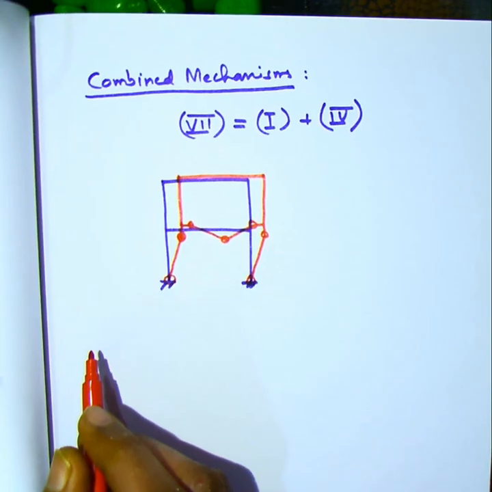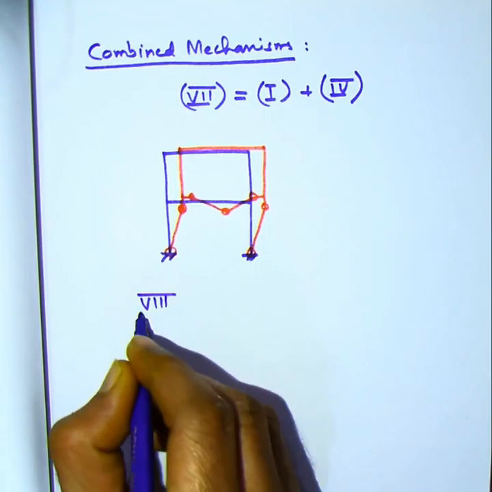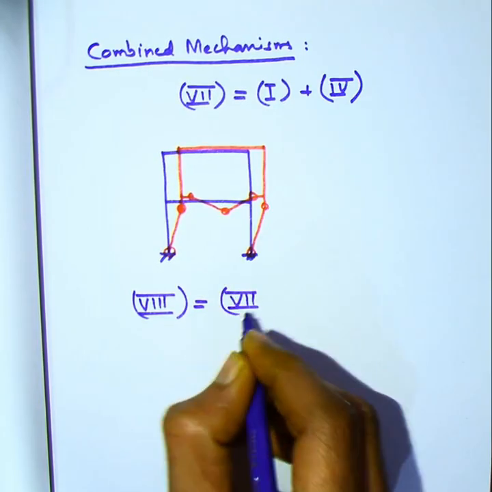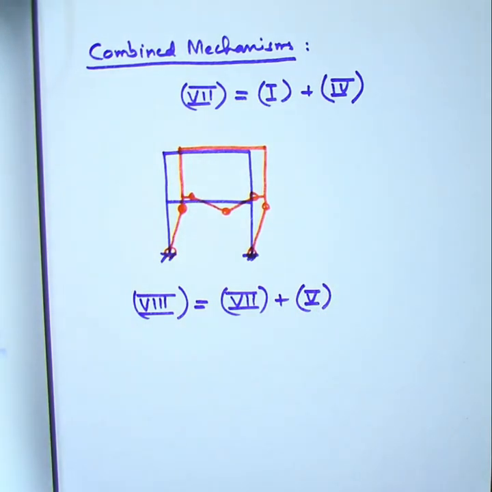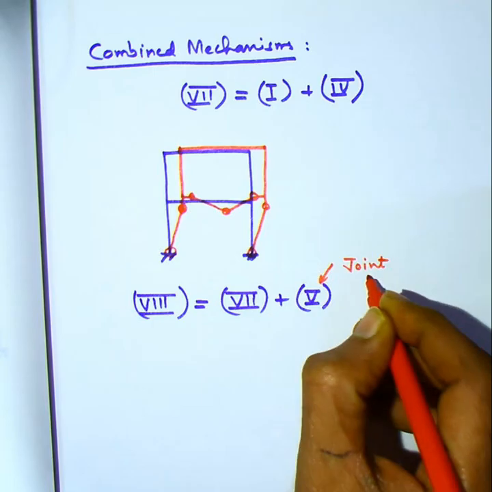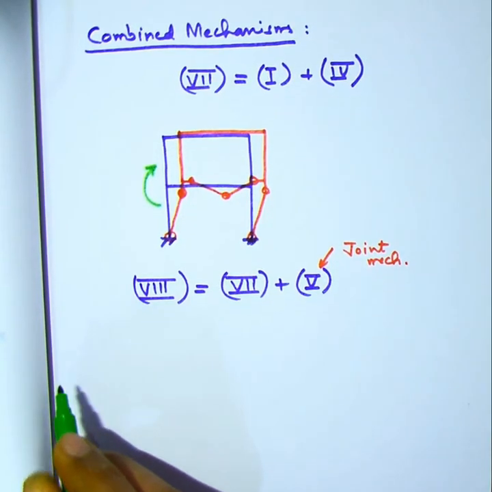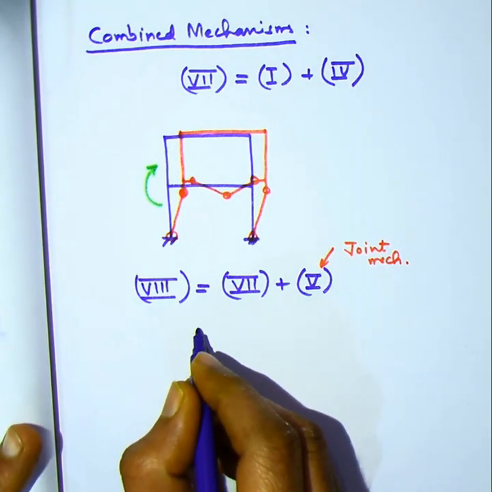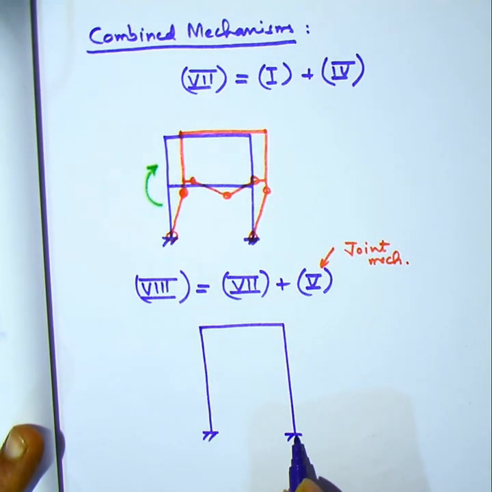Now we will use this as the base and we'll get the next mechanism by superimposing this mechanism with the joint mechanism, that is mechanism number 5. Basically this involves imparting a clockwise rotation to the concerned joint. So basically this process will eliminate or cancel 2 hinges.